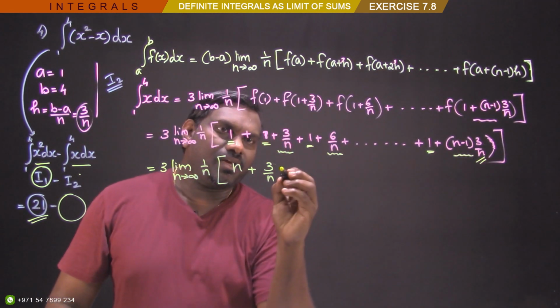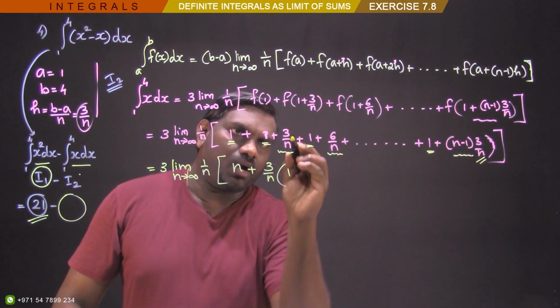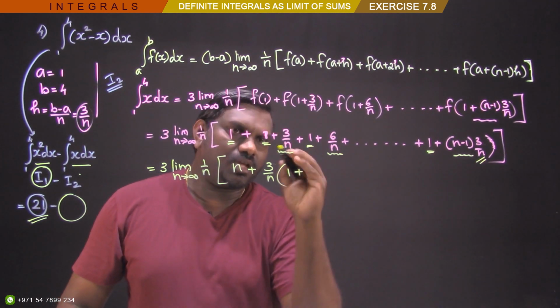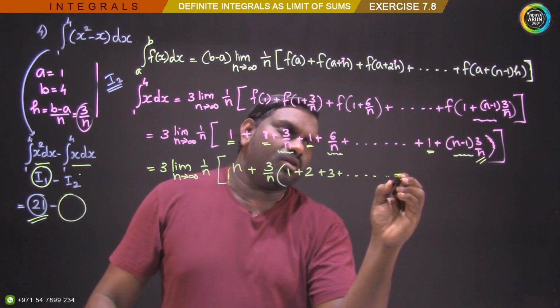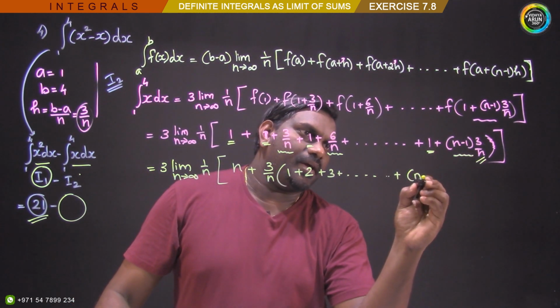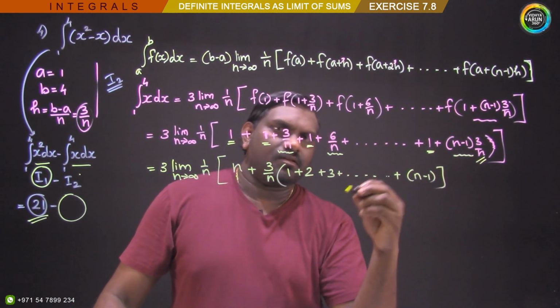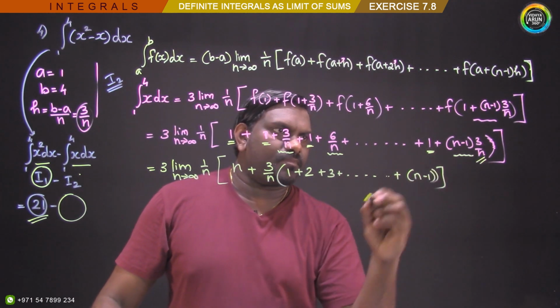What will I get here? 1 plus 2, then 3, and it goes on till n minus 1. That's it.